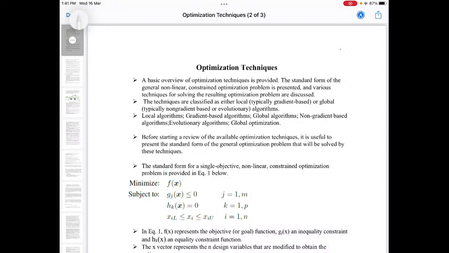Minimize f of x subject to gj of x less than or equal to 0 for j equal to 1 to m, hk of x equal to 0 for k equal to 1 to p, and xi l less than or equal to xi less than or equal to xi u, i equal to 1 to n. This is the standard form for a single objective non-linear constrained optimization problem.